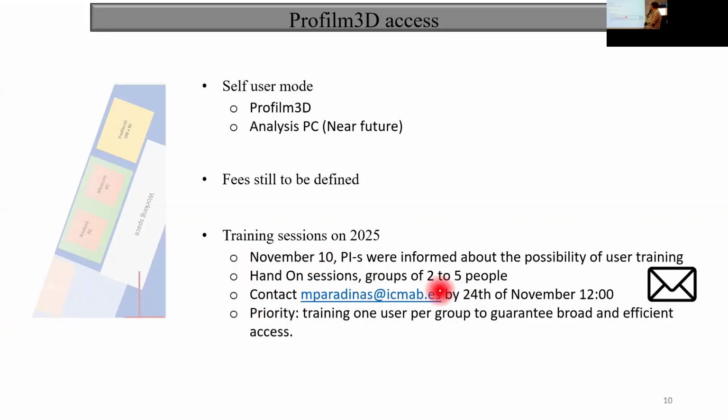We already informed the PIs a few days ago. If you are interested in getting trained on the equipment, write me before next Monday 12th, and I will write you back. Since we are going to have limited time before the end of the year, we will prioritize training at least one person of each group that is interested in getting the training.